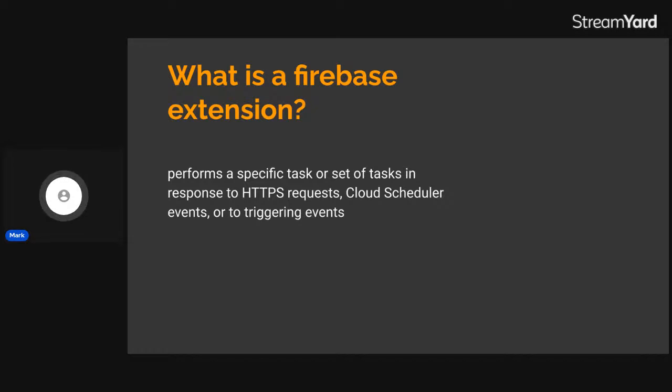So an example of a Firebase extension can be exporting your storage files to Google Drive. That's an example of an extension. Like I said previously, it responds to certain particular events. So this one responds to an upload to the Firebase storage. Any file that is uploaded to Firebase storage will automatically go to Google Drive.